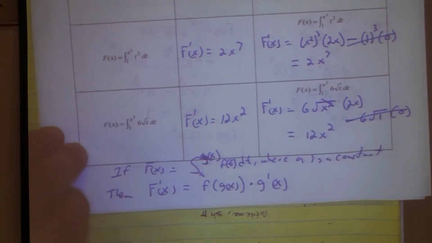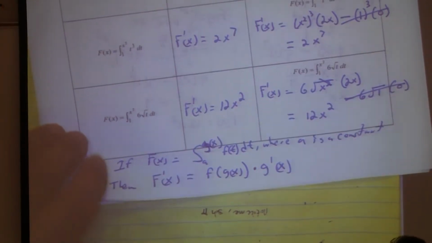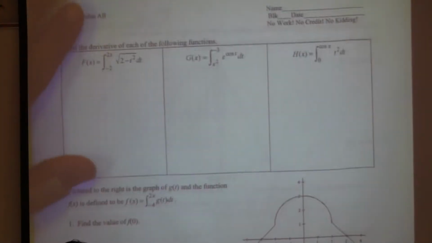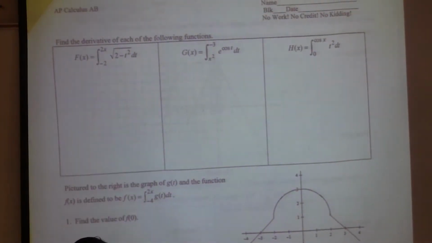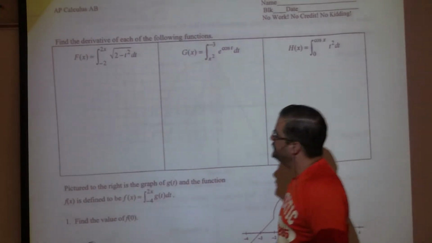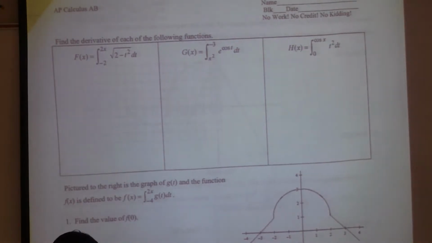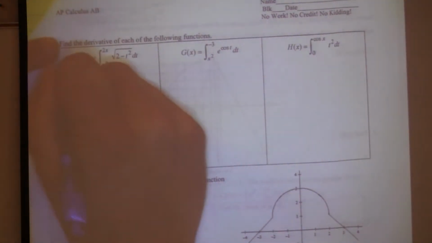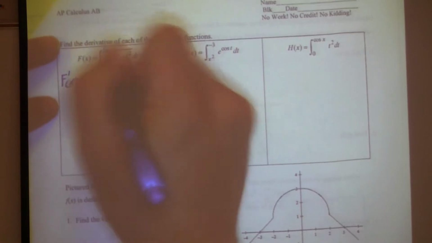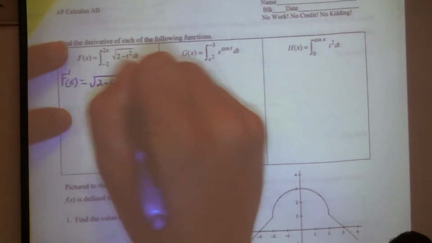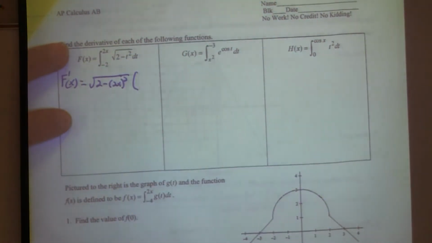Good? So try out the next 3 and let's see how fast you can do it. We'll stop there. Okay? So are we going from a constant to something with a variable? Yes? We can forget about that bottom part. They want us to find the derivative of this integral. So let's do it. F prime of x, plug in the top limit: square root of 2 minus 2x squared, times the derivative of that top limit.